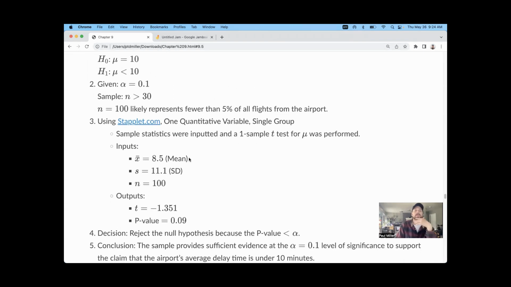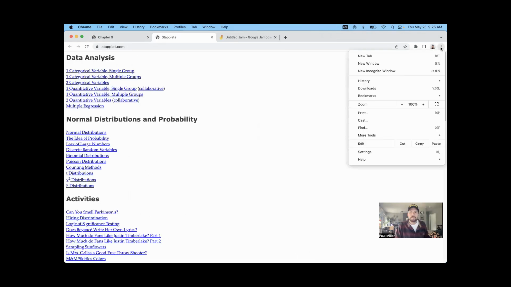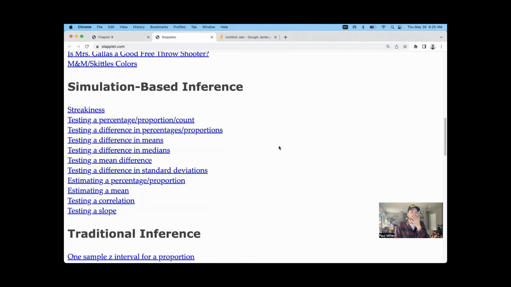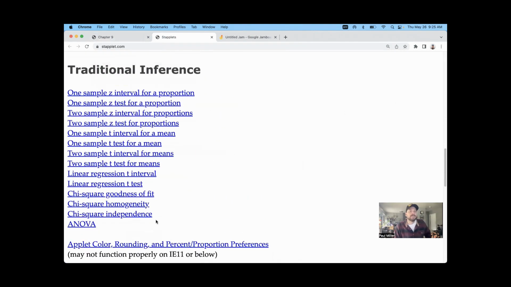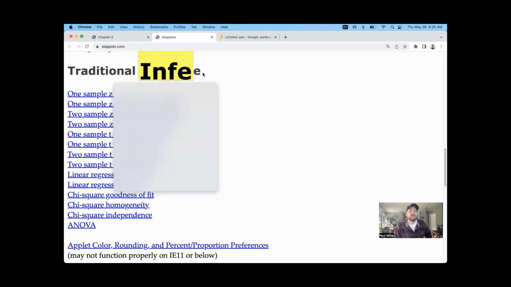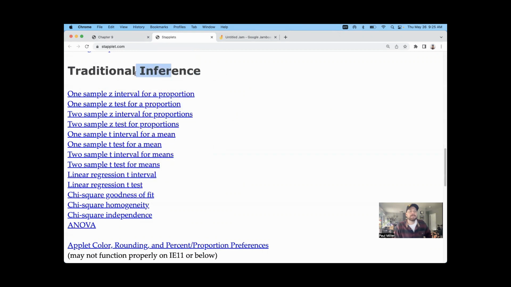We go to Statlet. So what we'll have for a t-test, a couple of options to get there. In general, you can find all this traditional inference down at the bottom. The intervals and tests are called inference because we're trying to infer information about a population.